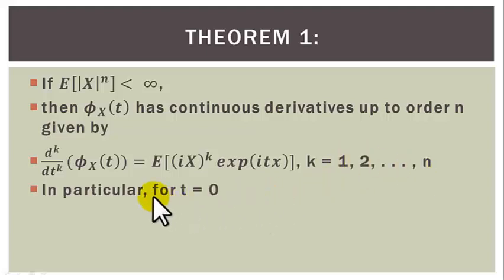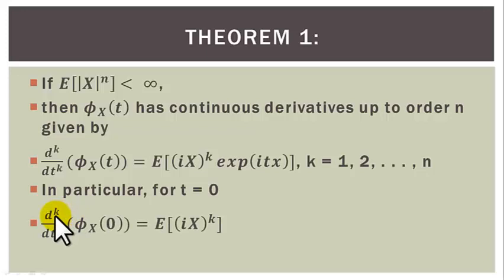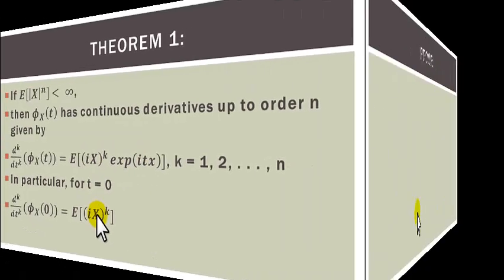In particular, if we put t equals to 0, this will give us the kth derivative of the characteristic function at t equals 0 equal to the expectation of (iX)^k, since when you put t equals to 0 here, you have e^0, and e^0 is 1 times this. That will give us this.